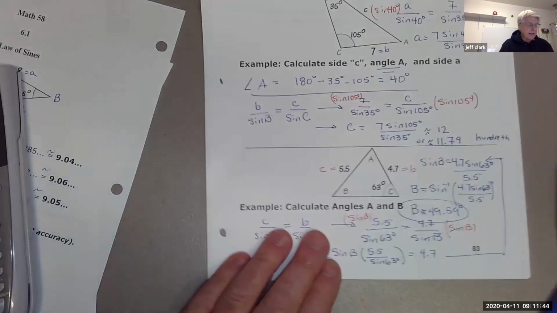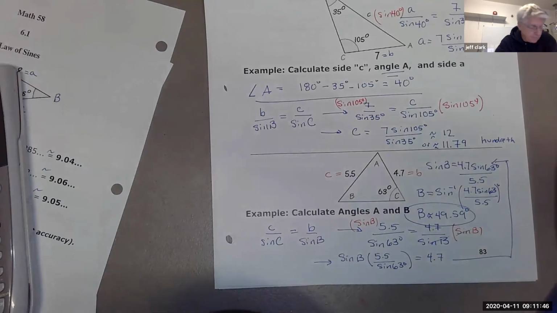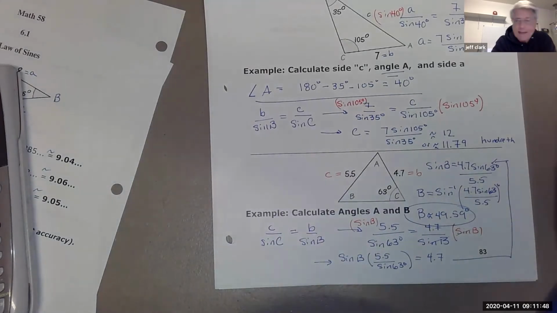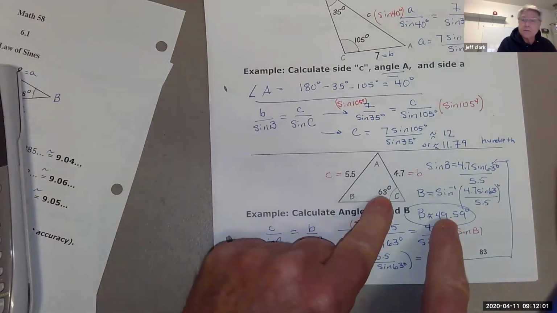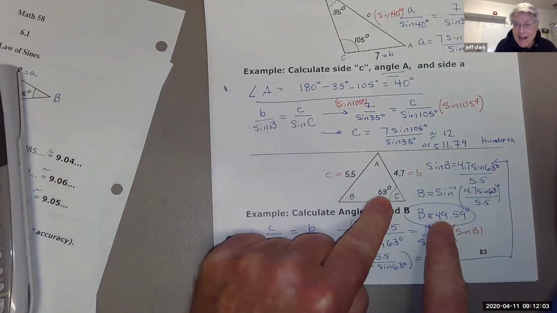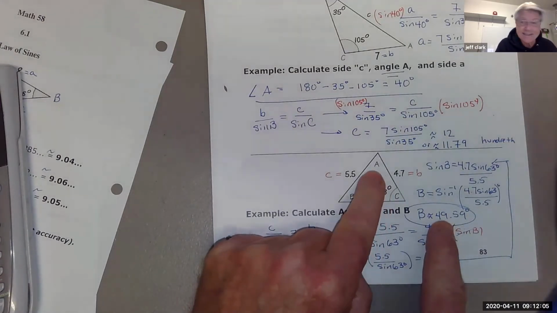Now, the last thing that you would do, and I'll pose this to you because I think I found the hardest part right now. The last thing, well, there's two more things. You need to find the other angle, which is the easy part. All you have to do is subtract these two angles from 180, and then you get angle A. That's the easy part.